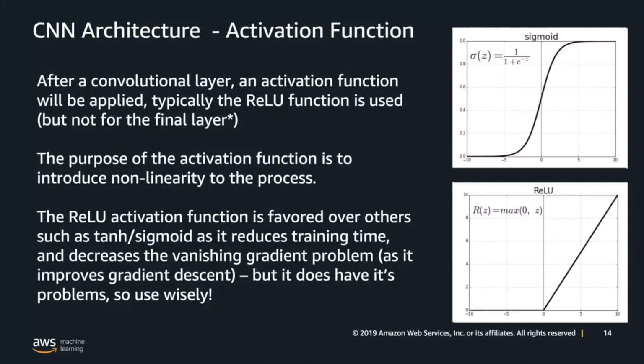I just want to introduce that there are different types of functions, and the one you'll probably hear most commonly is the ReLU function, which is a fancy way of saying rectified linear activation function.